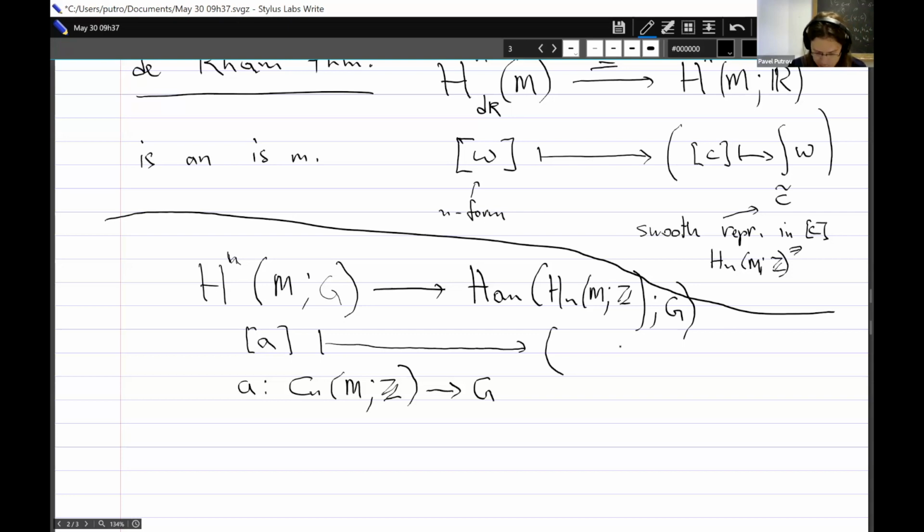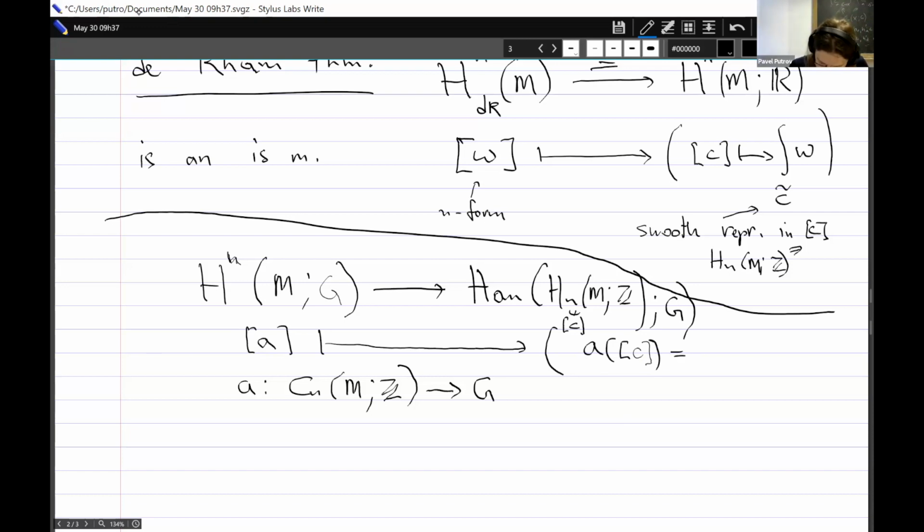So we need to define a Hom from the homology group to G, right? And we define it the following way: A of the class of some C. So C is a representative in the class of the homology group.